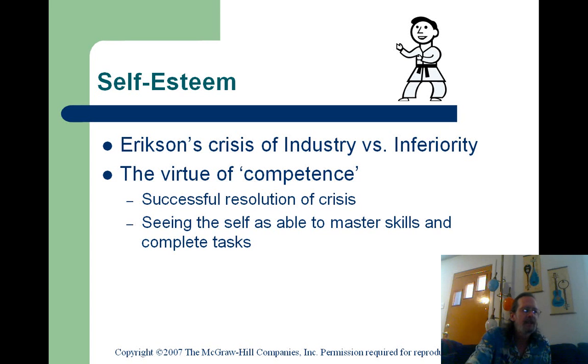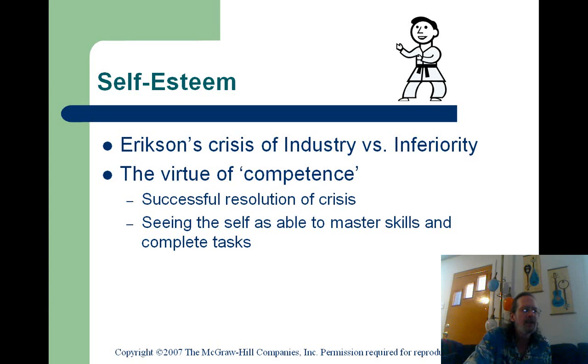If it's unsuccessful, if they lean too much towards inferiority, they tend to be reclusive and they don't trust themselves to be able to do things, so they don't try to do things, and they tend to retreat into safety zones.